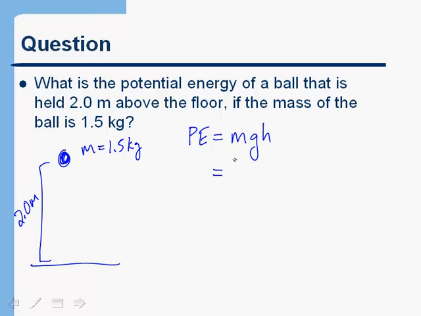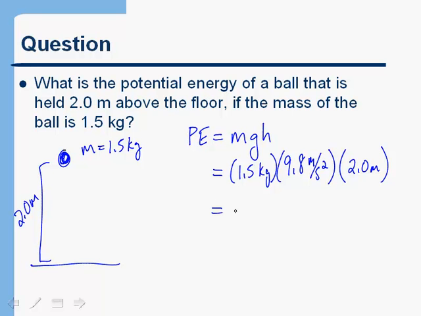And so I have 1.5 kilograms. Multiply that by 9.8 meters per second squared. And multiply that by the height, which in this case is 2 meters. Now, when you calculate that with your calculator, what you're going to find is that you get 29.4. And the units there would be joules, because again, potential energy is a form of energy. All forms of energy have units of joules.